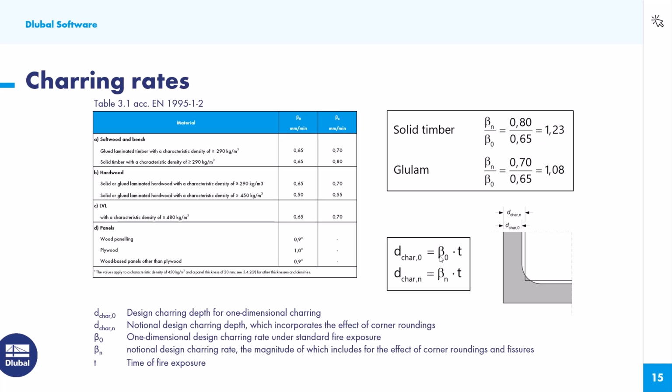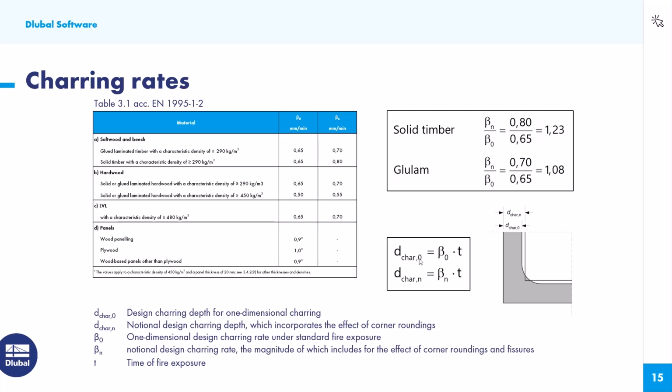The difference here, or actually the ratio, you can see is much higher for solid timber than for glulam. And of course, the reason is that solid timber has a much rougher surface, and cracks also play an important role, and that's why this ratio is much higher than for glulam.